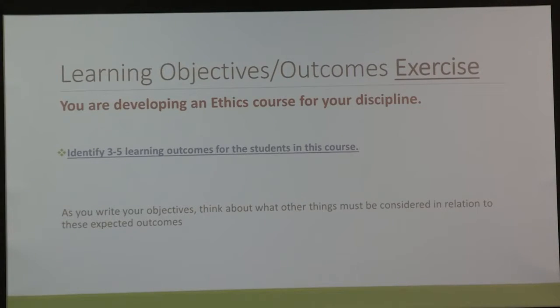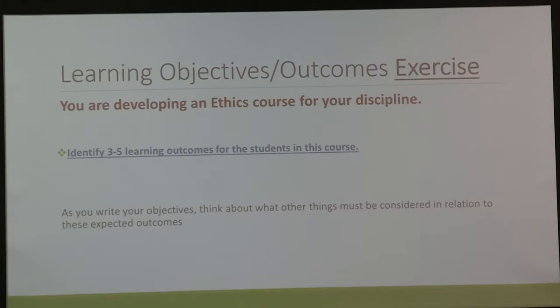So you're developing an ethics course for your discipline. Ethics is maybe a difficult course to think outside the box on, because it's pretty straightforward in how you teach it, but the concepts may be very gray.